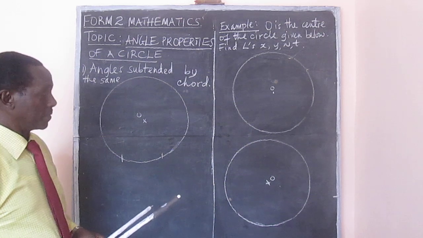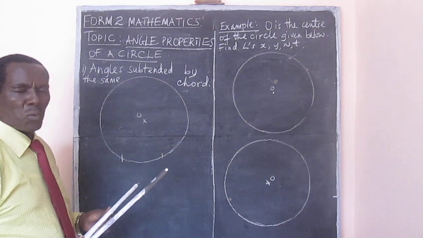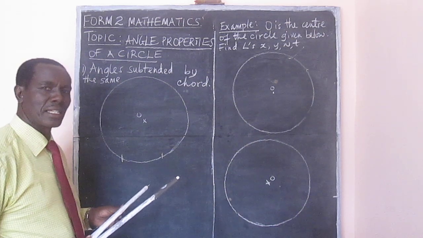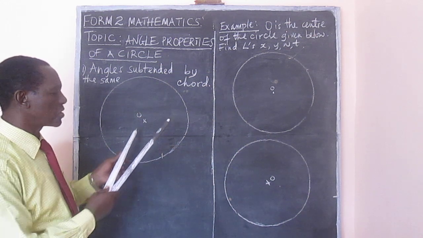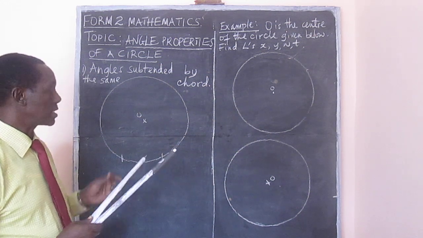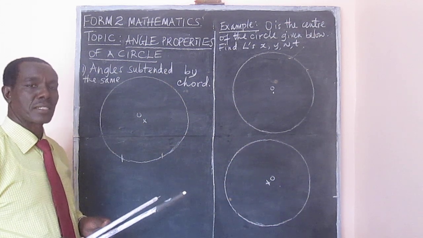When you do that, you will have constructed an angle of 60 degrees at the center of this circle.